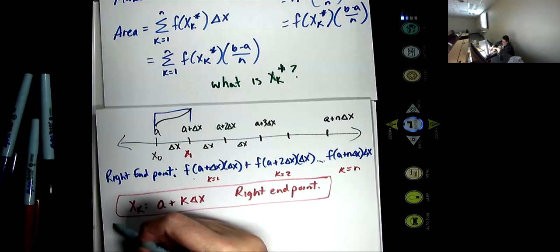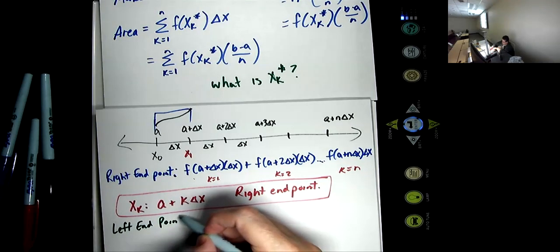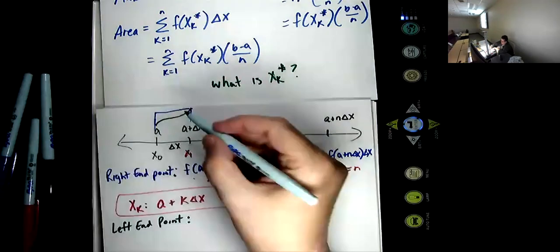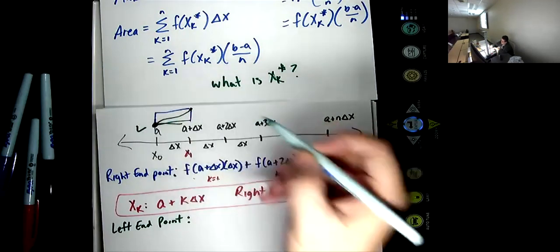What do you think I'm going to get for the left endpoint? How does this change? So I'm no longer adding this point, I'm starting at that point for left.